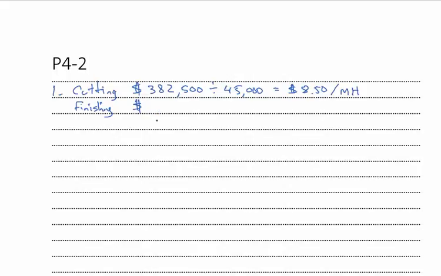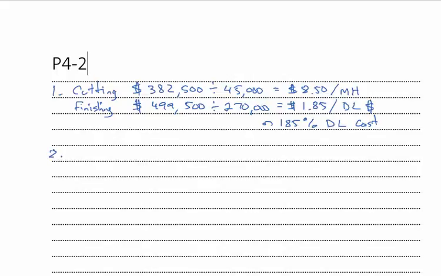So the overhead they've got is $499,500 divided by direct labor cost of $270, which gives 185% of direct labor cost, or $1.85 per direct labor dollar. Okay, so there's our rates. That was number one. Number two.